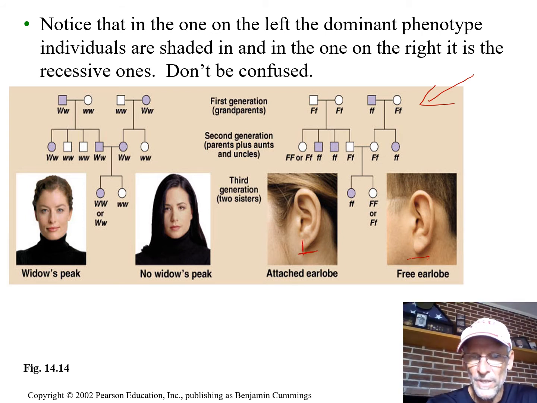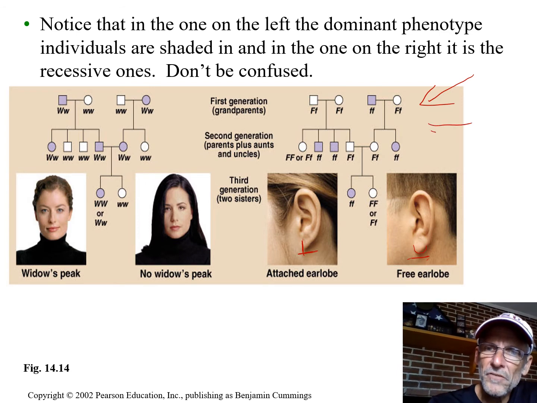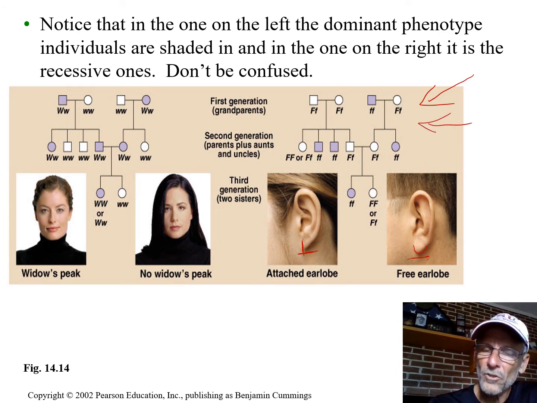Are they attached all the way down, or are they not attached all the way down? Attached earlobes is a dominant trait, but let's look at this. They use F's to symbolize the genes that cause this trait. I'll talk about that in class. This is not really actual. It's just used all the time, even though it's not true.